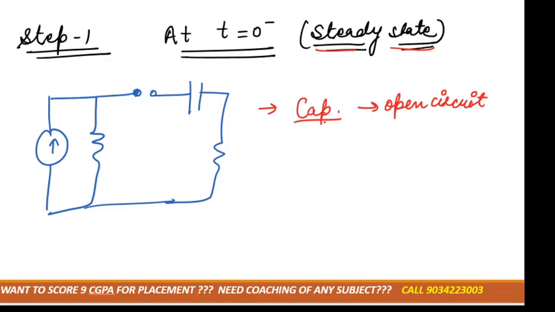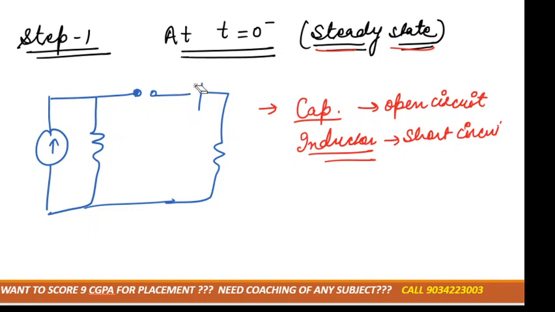And if current has been flowing across an inductor, though no inductor is present here, then the inductor will behave as a short circuit. So this is the capacitor, and in this case the capacitor will behave as an open circuit. So this is also open.